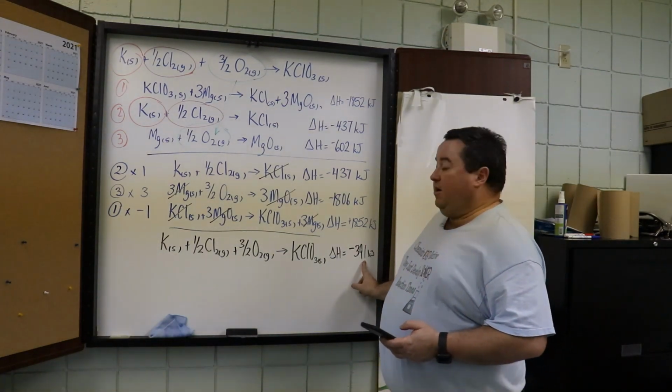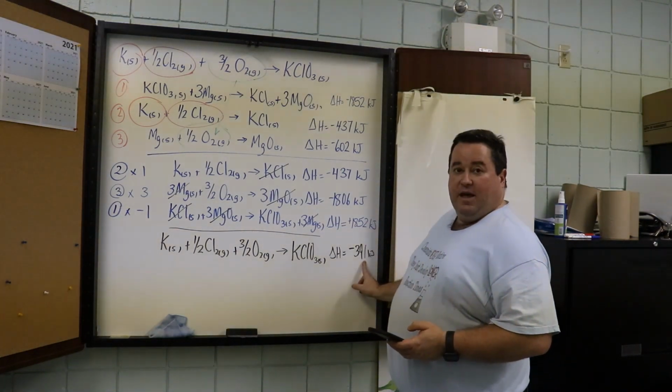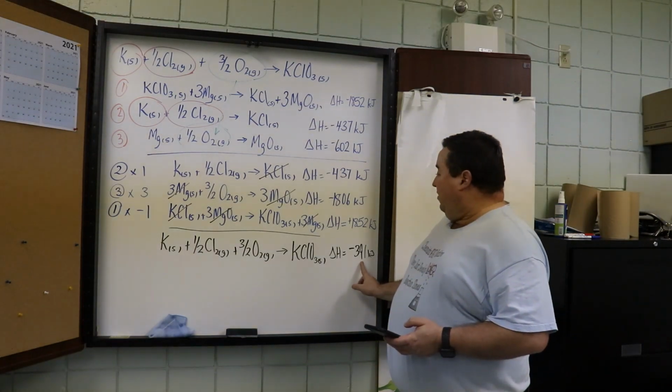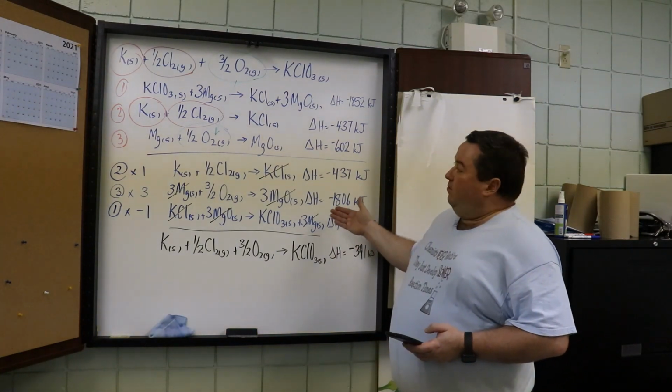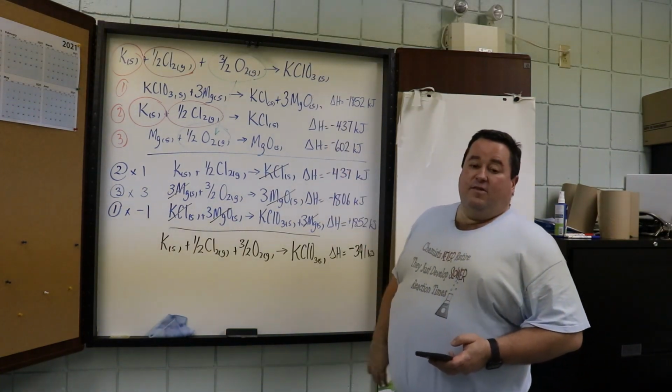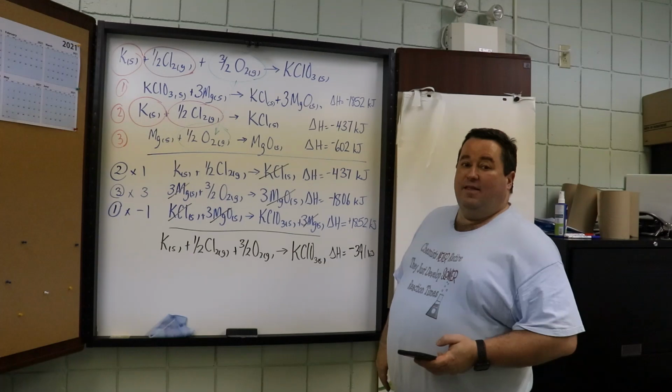So after a quick check with the calculator, I was a little bit off of my mental math. It's negative 391 kilojoules. So just to show you, you either try to get the things you need in the final equation or to eliminate the things that you don't need.